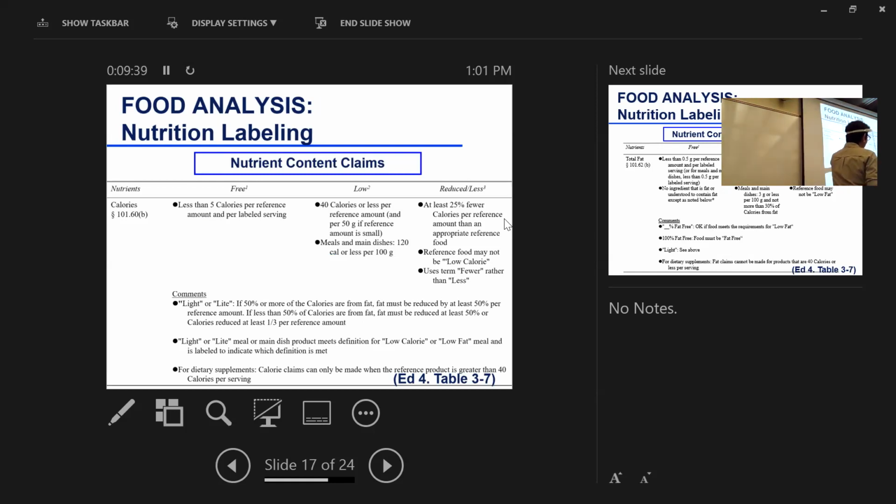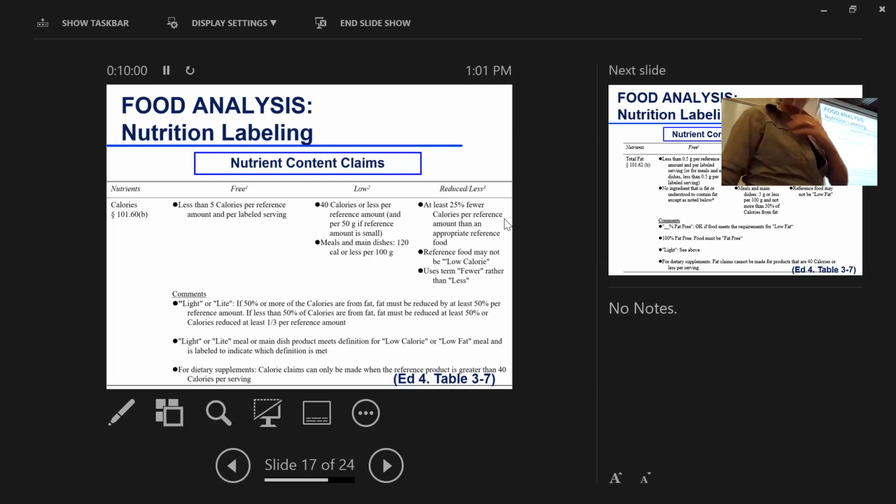So this kind of table tells you when you can claim calorie free, less than 5 calories. I didn't make that rule. Low, 40 calories or less. Reduced, 25% fewer than the reference amount or the product that was not reduced in calories.